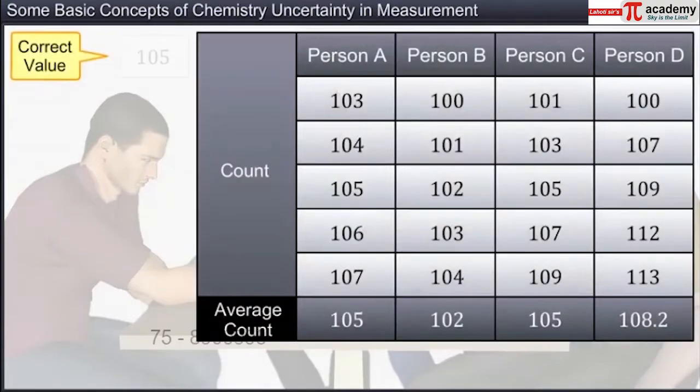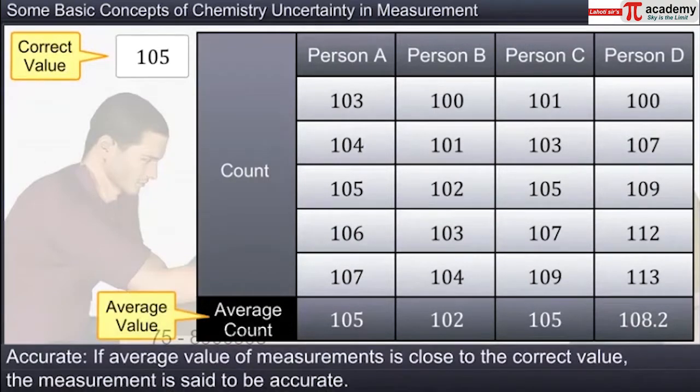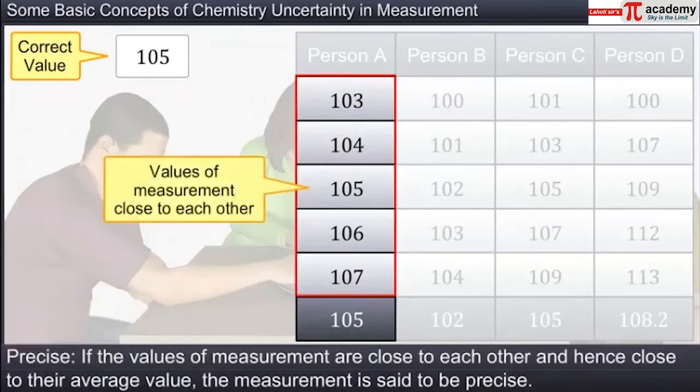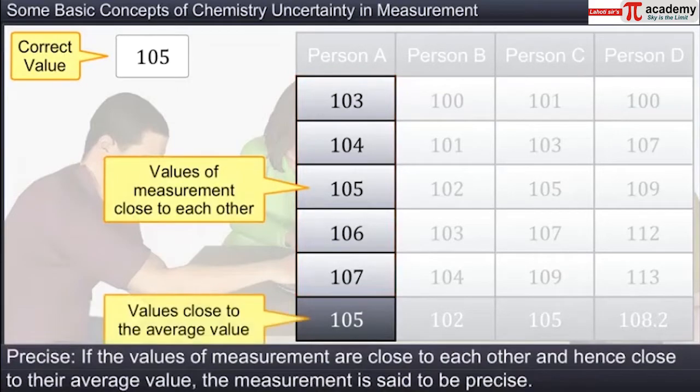We know that the correct value is 105. If the average value of one of the measurements is close to the correct value, then that measurement is said to be accurate. If the values of measurements are close to each other, and hence close to their average value, then the measurement is said to be precise.